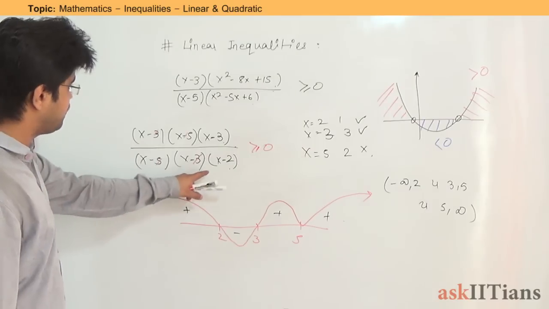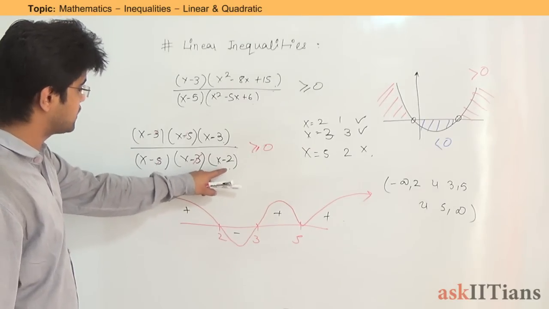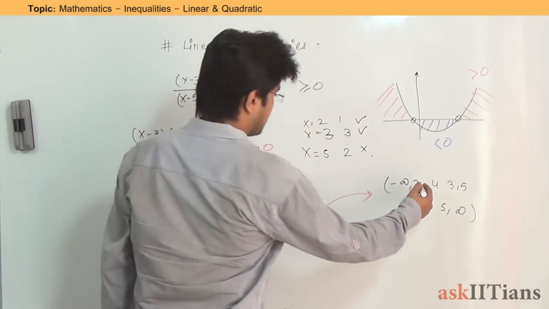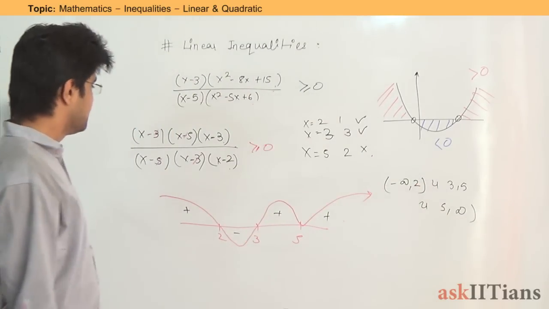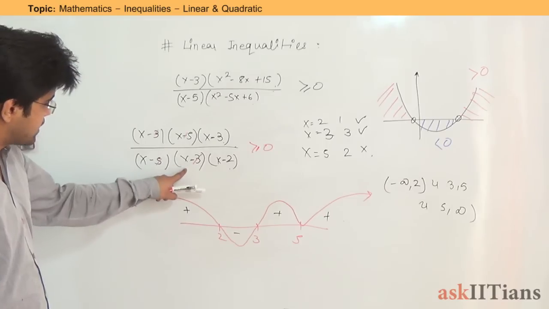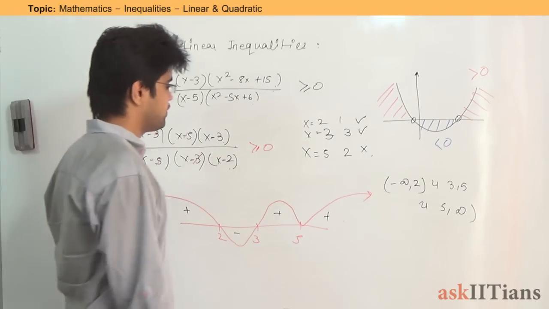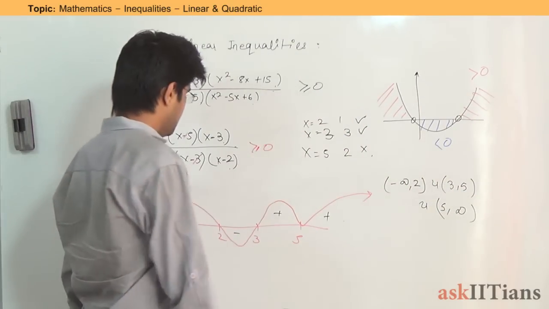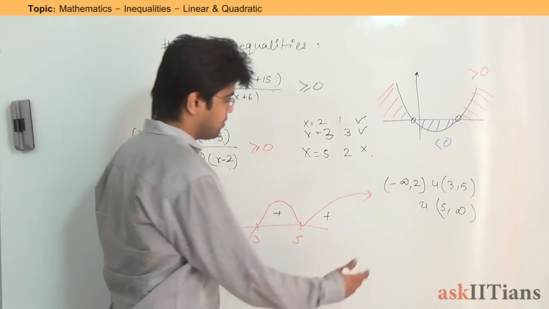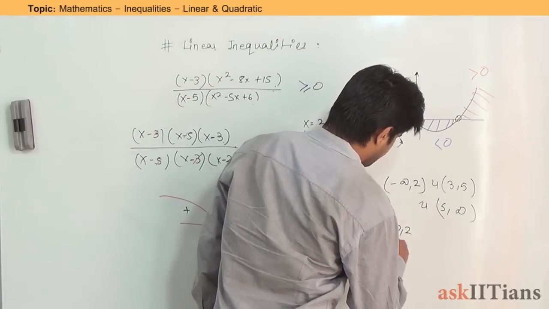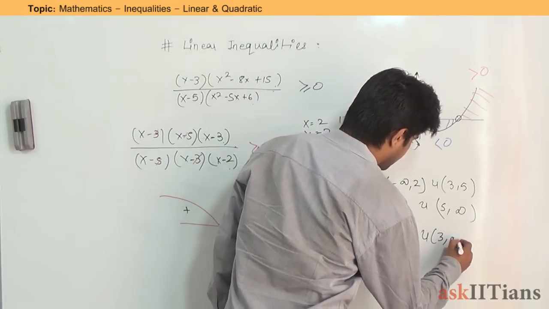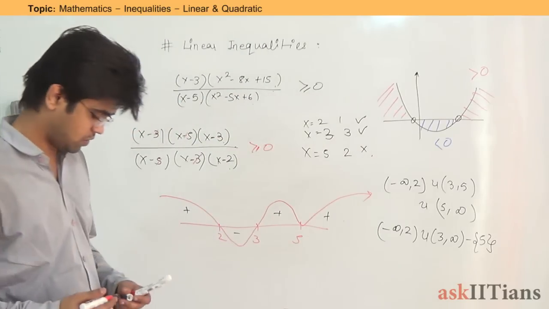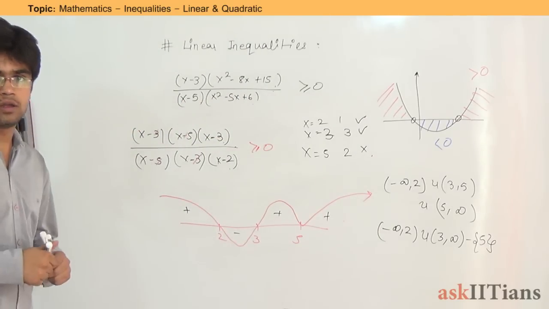At x equal to 2, we cannot put the value because the denominator will become 0 and the whole function will become infinity. So we cannot include x equal to 2. Similarly, we cannot include x equal to 3 and x equal to 5 as well. So my answer is minus infinity to 2 union 3 to infinity minus 5. So this is the answer.